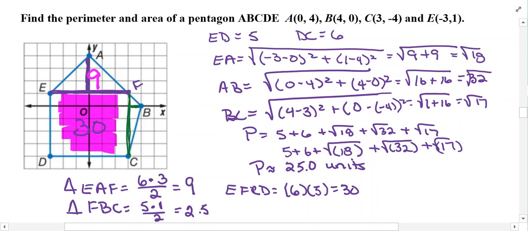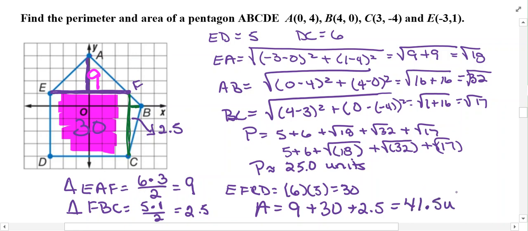So the area of this here is 2.5, the area of the top triangle is 9, and this area right here is 30. To find the area, I'll add them: 9 plus 30 plus 2.5. That gives me that the area is 41.5 units squared. And that concludes the lesson for 1-6.